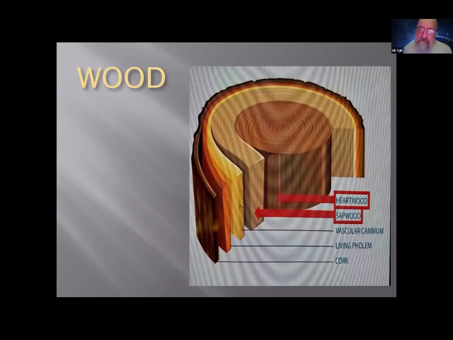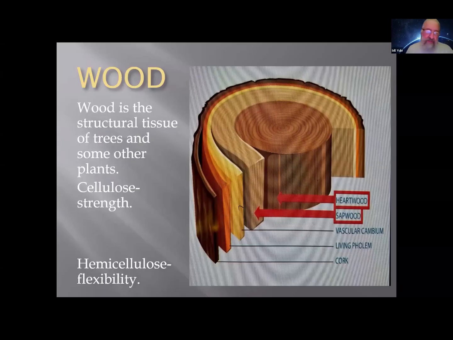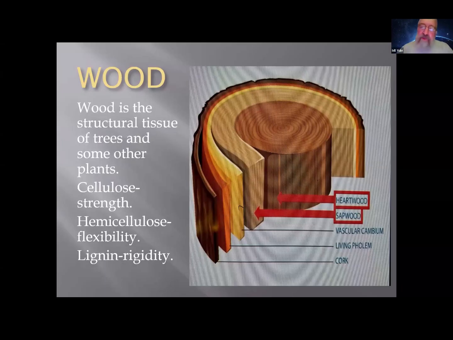These different parts of wood all have different combinations of those elements, cellulose, hemicellulose, and lignin, in their construction. And a crosscut of wood like that gives us an opportunity to look at wood in the way it's constructed in a tree. I'm going to talk about this some more.